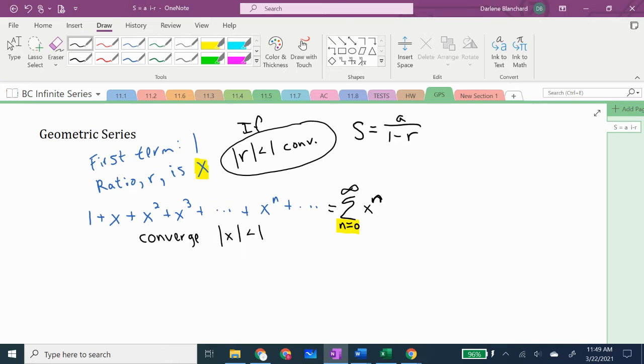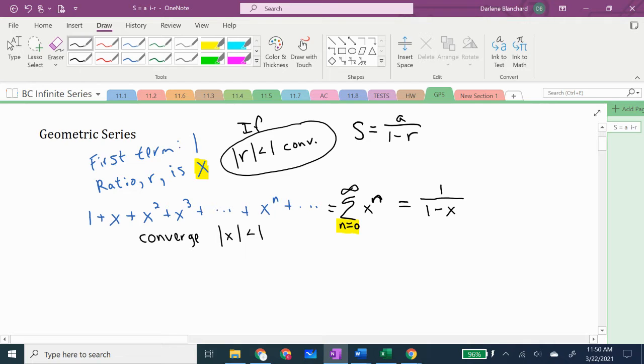Now, what is the first term of this specific geometric series? The first term is the number 1. What is the r of this geometric series? It's specifically replaced with x.